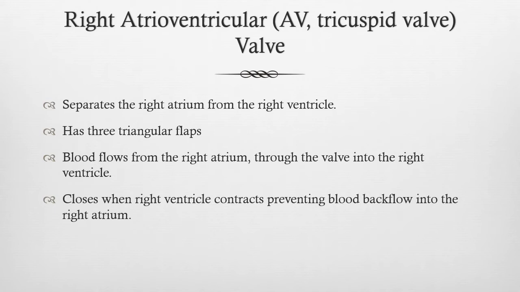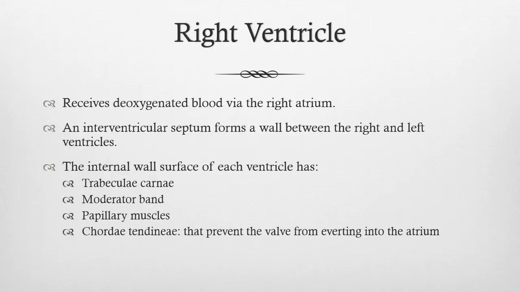And so this is where the papillary muscles pull on the tendons and then pull on the valve, and that keeps it nice and closed shut. The blood is then only able to go out of the right ventricle and into the pulmonary trunk through the pulmonary valve. So that right ventricle itself has blood that's coming from circulation.